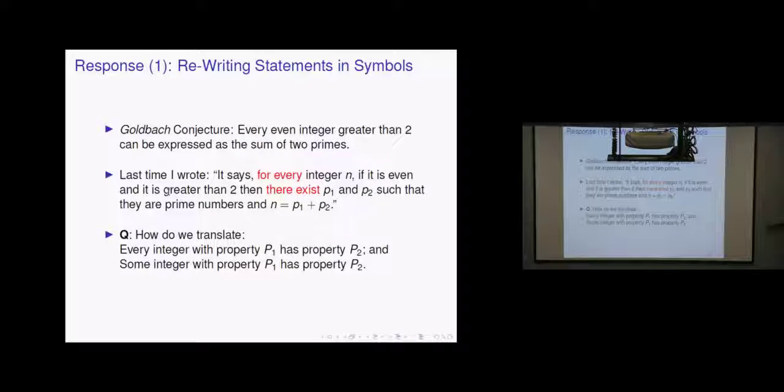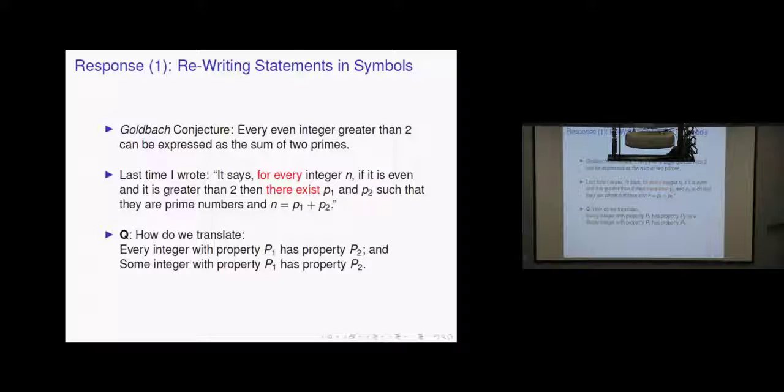Okay, so the question is, a slightly more general question, this: how do we translate a sentence in the following form? The first sentence is, every integer with certain property, let's call it P1, has some other property, P2. For example, this Goldbach conjecture is in that form.